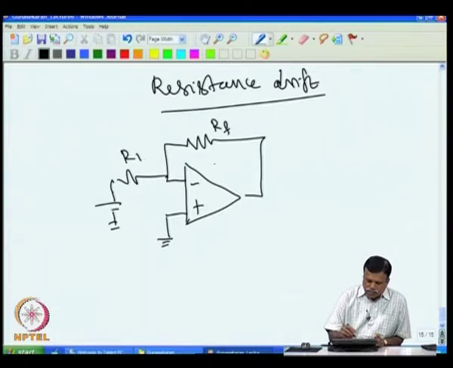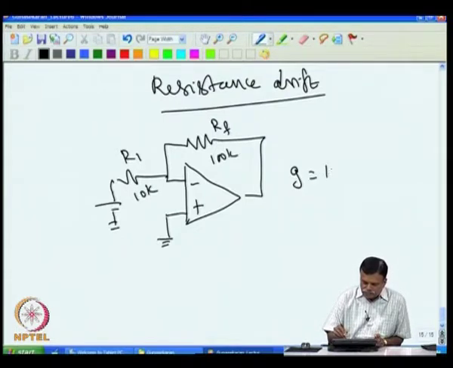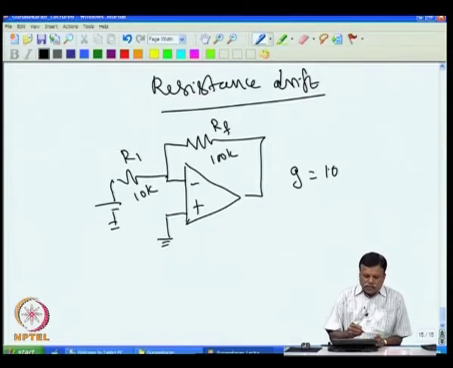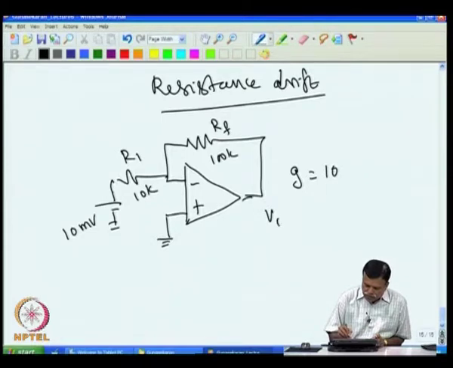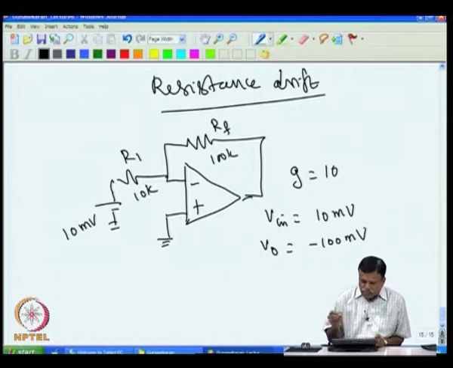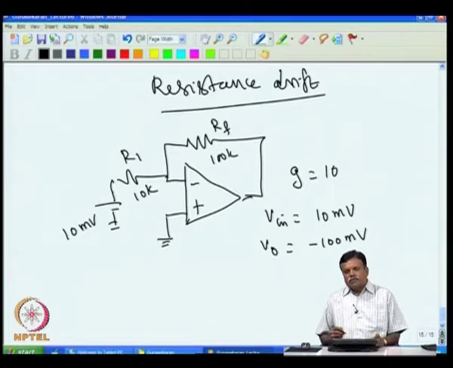So, assume that I have put here 100k and then 10k, then the gain is actually 10. Now, if I give here, for example, 10 millivolt, then my V in is 10 millivolt, and V output comes to minus 100 millivolt, because it is amplified 10 times and inverted.